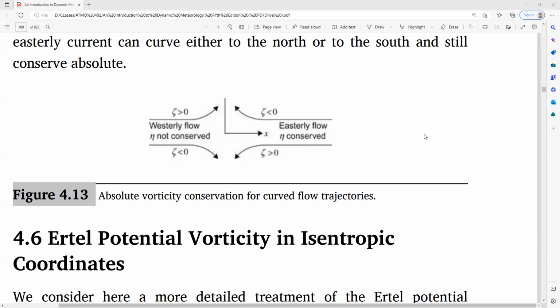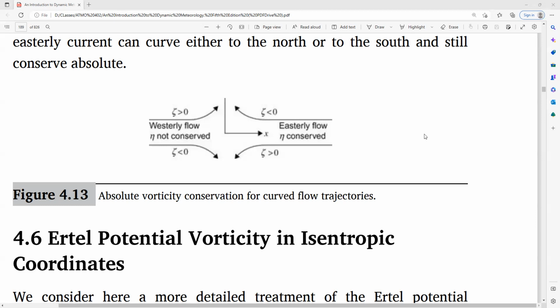And for the western flow, the absolute vorticity cannot be conserved because if the flow curves north with cyclonic vorticity, the Earth's rotation parameter also decreases. So you get cyclonic curvature, and the planetary vorticity also increases.